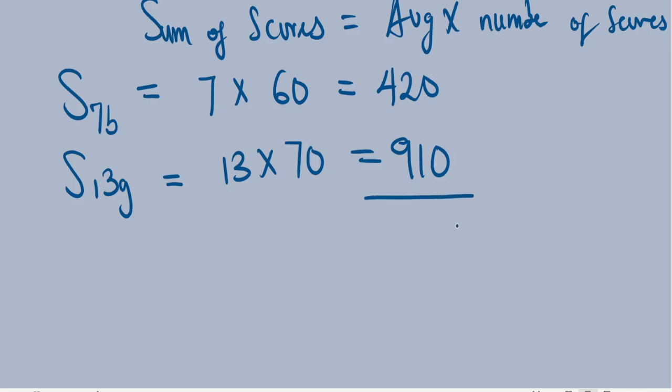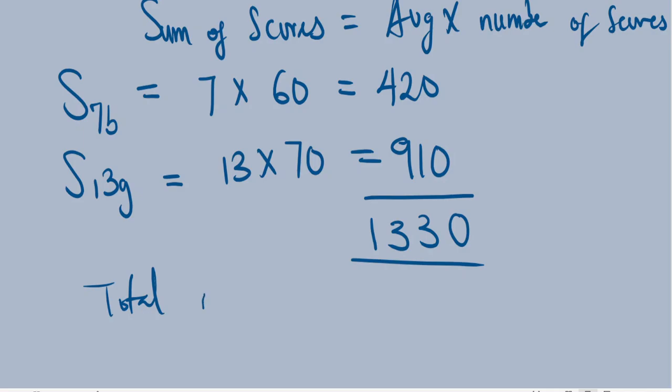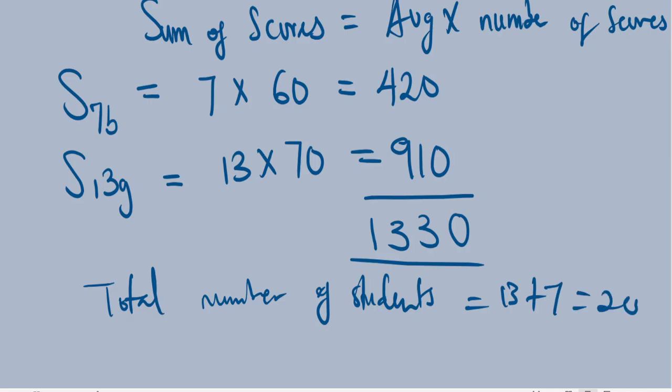So you can just add them together. 0 plus 0 is 0, 2 plus 1 is 3, and 4 plus 9 is 13. So the total sum of scores is 1330, and the total number of students is 13 plus 7, which is 20.